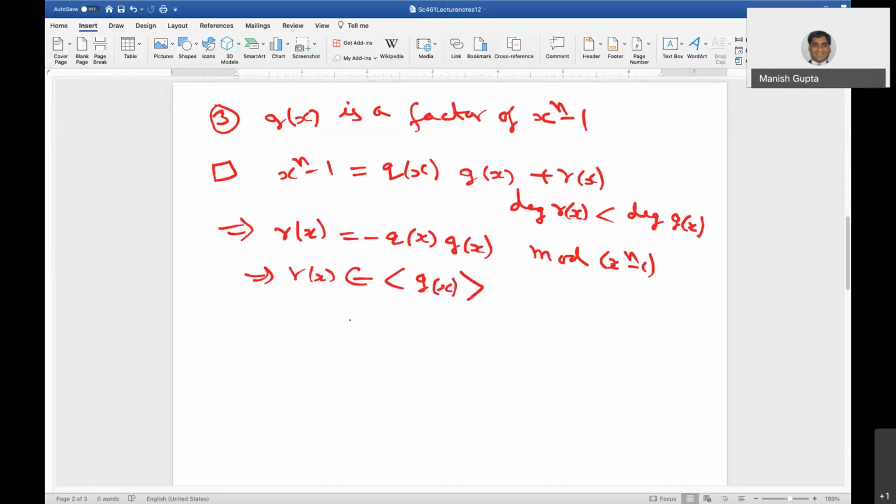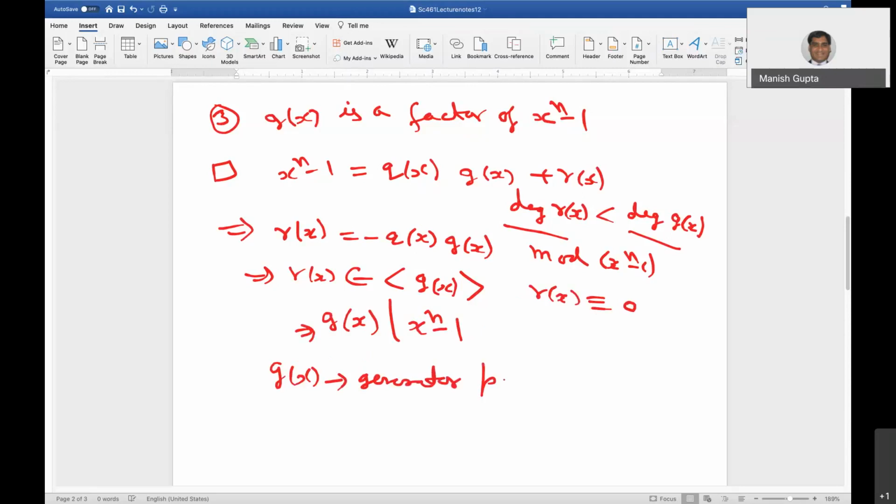Again, since degree of r(x) is less than degree of g(x) and r(x) belongs to C, by minimality of degree of g(x), we must have r(x) equal to 0. So once r(x) is 0, g(x) must divide x raised to power n minus 1. So g(x) is a factor of x raised to power n minus 1. So g(x) is known as the generator polynomial of the cyclic code.